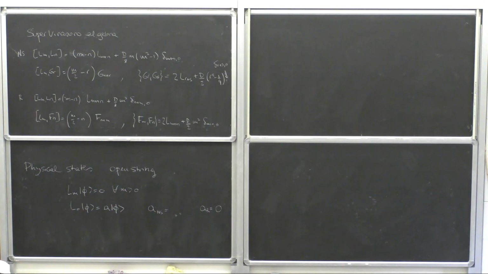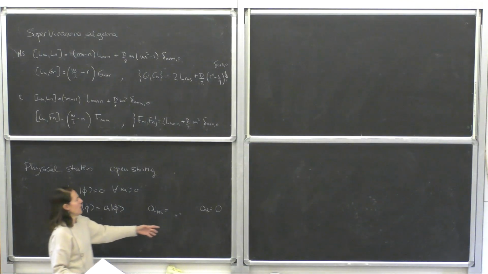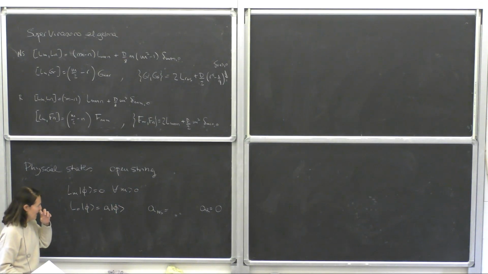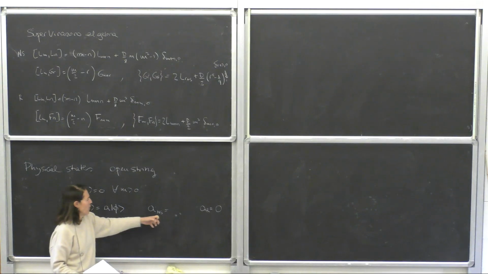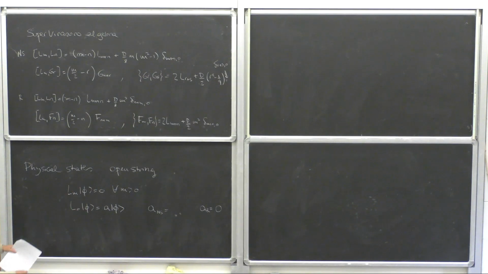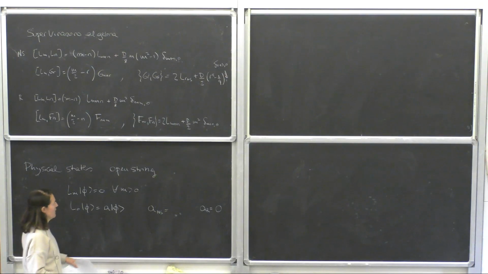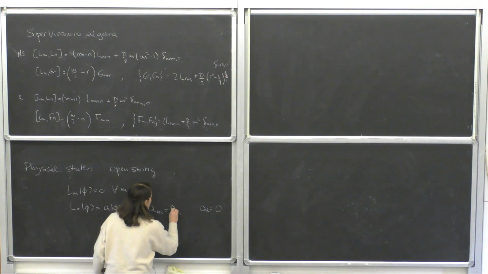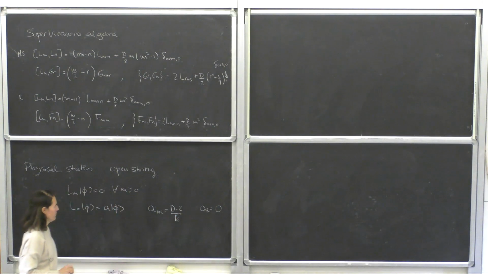Bosons are always periodic, and in the Ramond sector the fermions are periodic, so they cancel, while in the NS sector they are anti-periodic. So they partially cancel, so it's less than in the bosonic string, but not completely. Here what you get is (d minus 2) over 16.